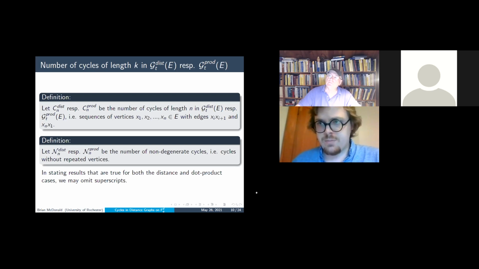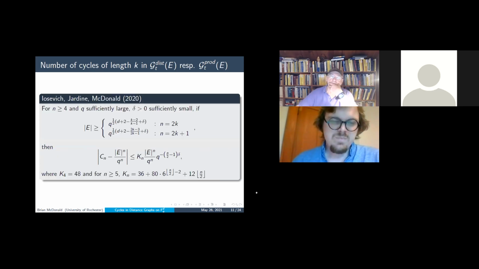And a lot of the results that we have are going to be true, whether we're talking about the distance or the dot product case. The techniques are actually a bit different, but a lot of the results are going to be true for both. So we may omit the superscripts. Okay, so here's one of our main results. So this is counting the number of cycles possibly degenerate.